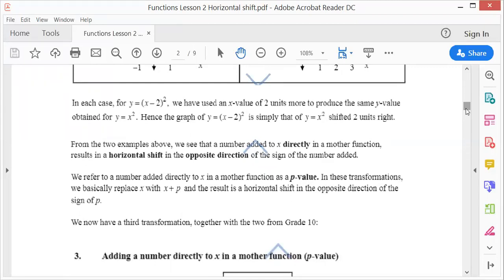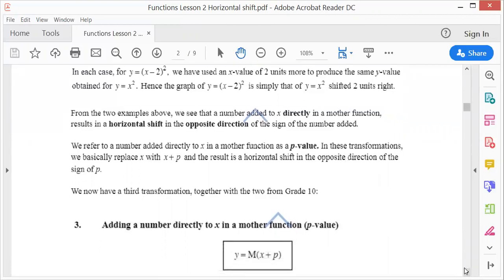Right. Now for the 2 examples above, we see that the number added to x directly in the mother function results in a horizontal shift in the opposite direction, like I said earlier on. So we refer to the number added directly to x as a p value. Okay, guys?